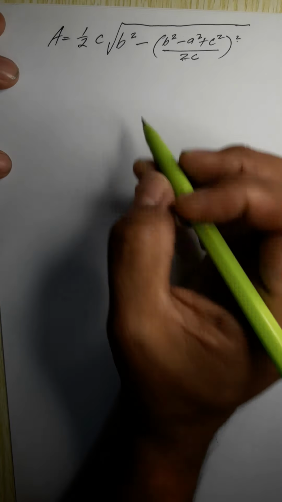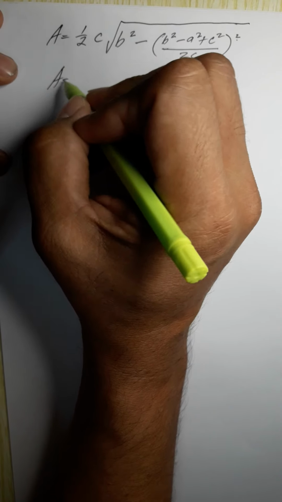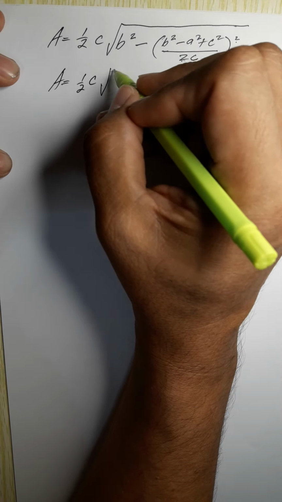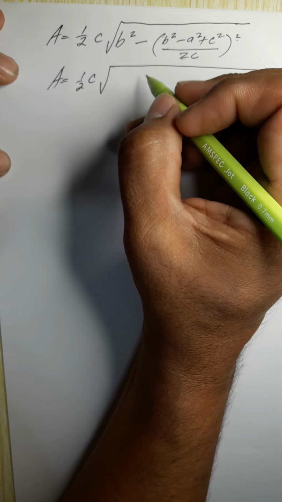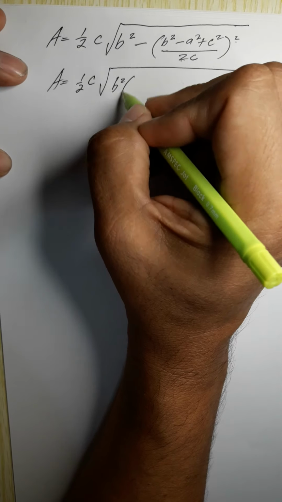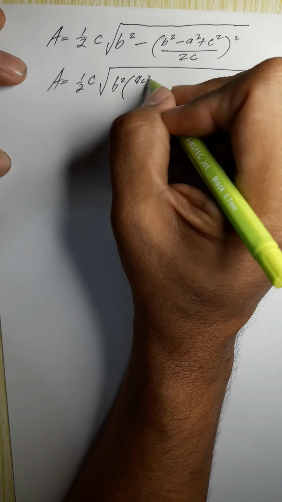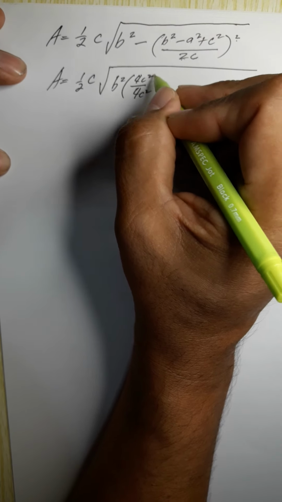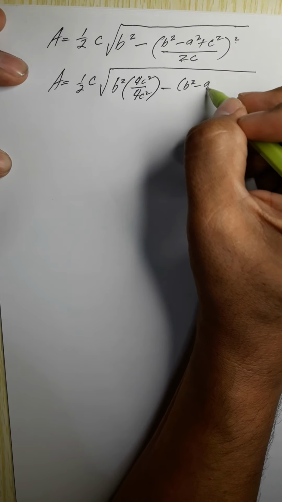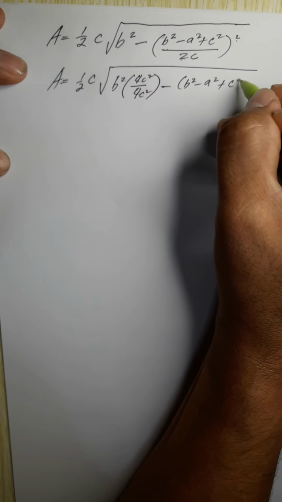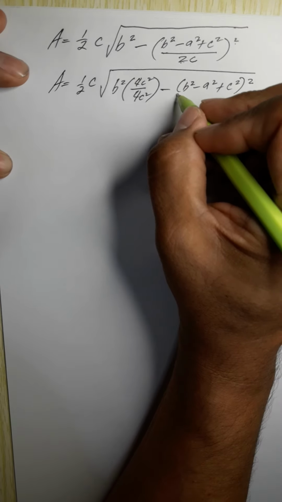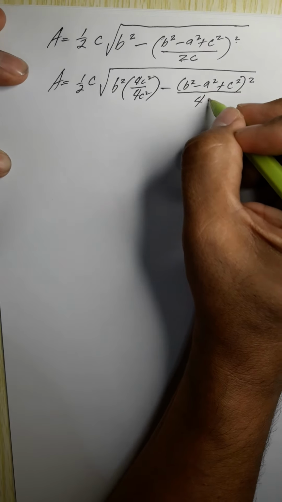So now the area will be, I will multiply b squared by 4c squared over 4c squared, minus (b squared minus a squared plus c squared) squared over 4c squared.